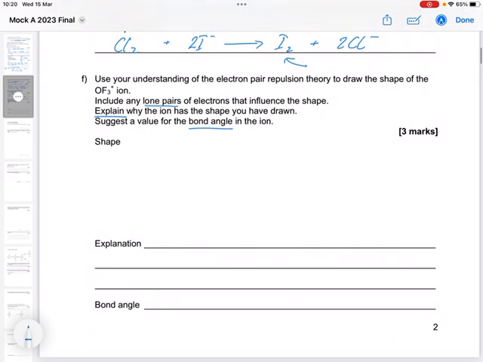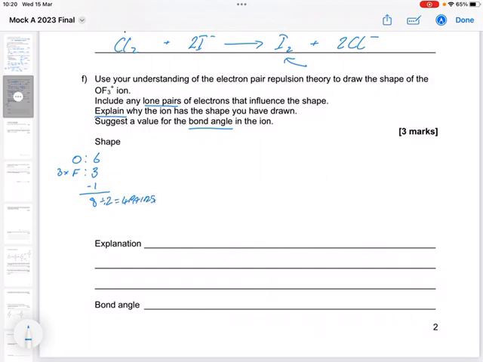So OF3+, so oxygen is in group 6, has 6 electrons in its outer shell. I've got fluorine, which brings 1 electron each to the covalent bonds, and I've got 3 of them, so that's going to be 3. And then a plus charge, I need to take away 1. So 6, 7, 8, 9, so that's going to be 8, which is going to be 4 pairs.